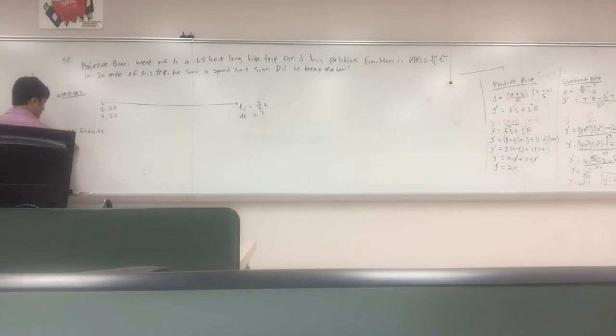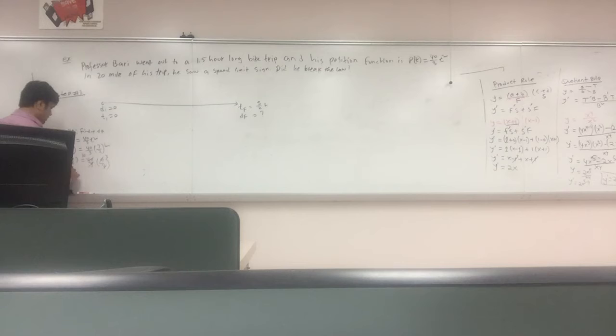P of t is equal to 40/3 t squared, so P of 3/2 is 40/3 times (3/2) squared, which is 40/3 times 9/4. 4 goes into 40 ten times, and 3 goes into 9 three times.